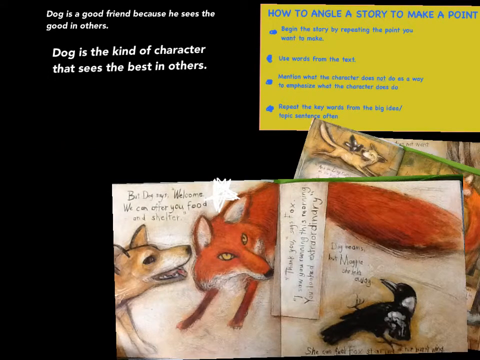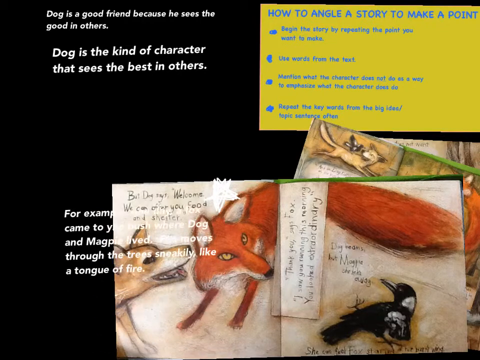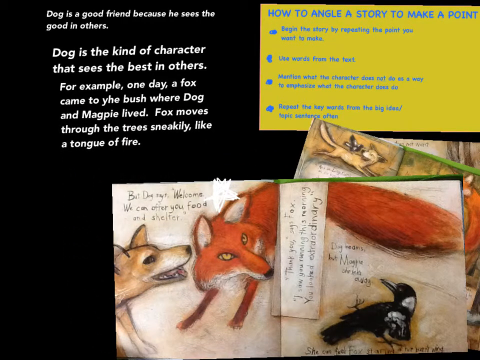Now I'll need to get into some more specific details, so I might say something like this. For example, one day a fox came to the bush where Dog and Magpie lived. Fox moves through the trees sneakily like a tongue of fire.